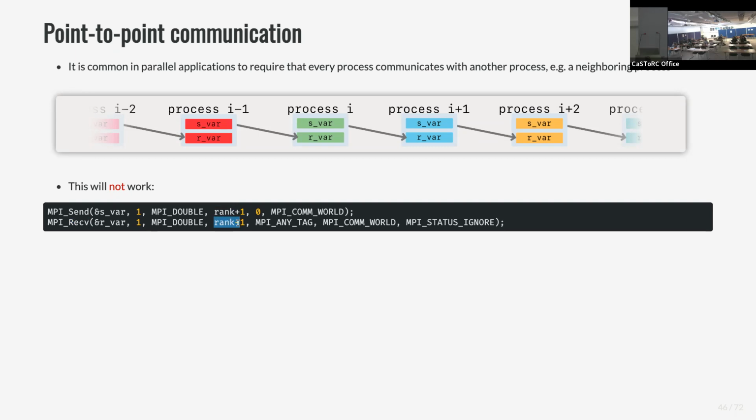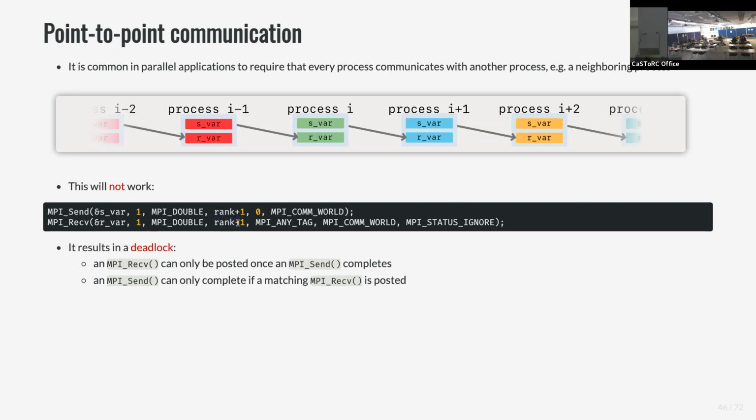This will result in a deadlock, and the reason why is because the receive here can only be called if the send finishes. But the send will never finish because when each rank calls an MPI send, there is no receive on the other side, okay? So this will cause the program to block.